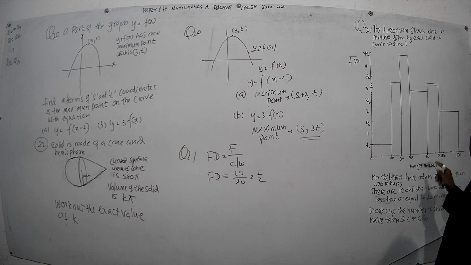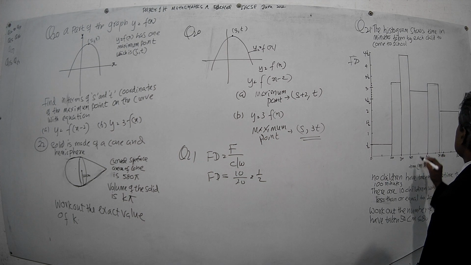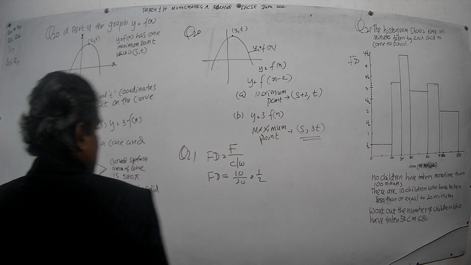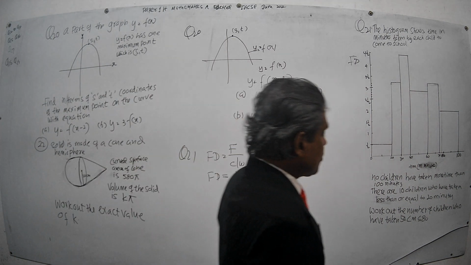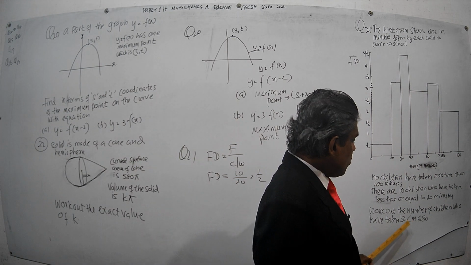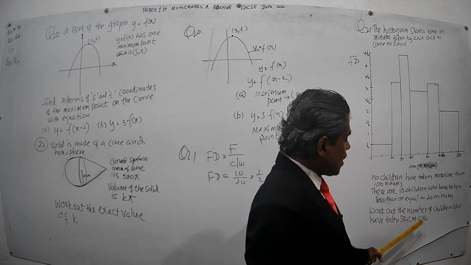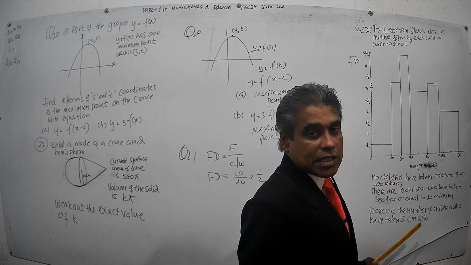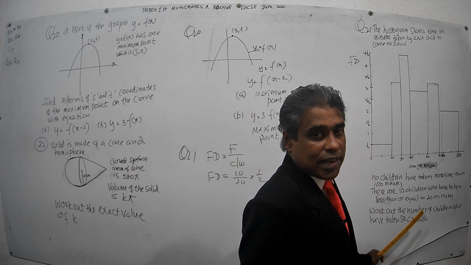That means this one, 50 to 80 they ask. Here 50, this one is 50. Then we draw a line like this. You are asked to find the number of children who have taken time greater than 50 but less than or equal to 80. That's the time in that range.